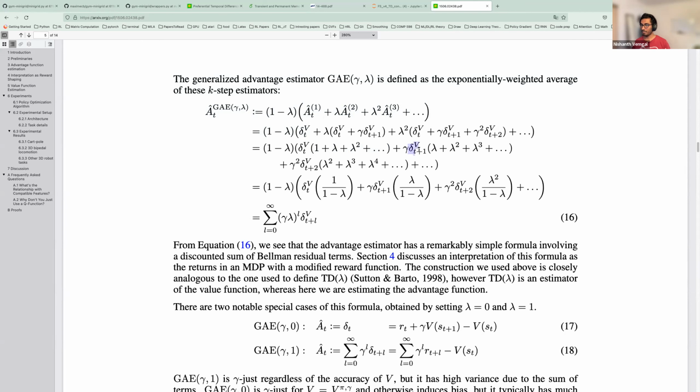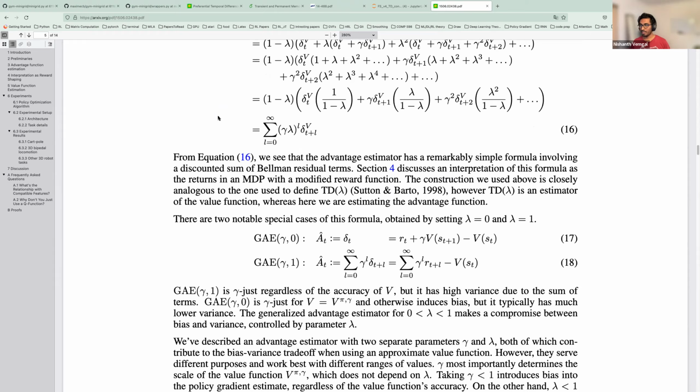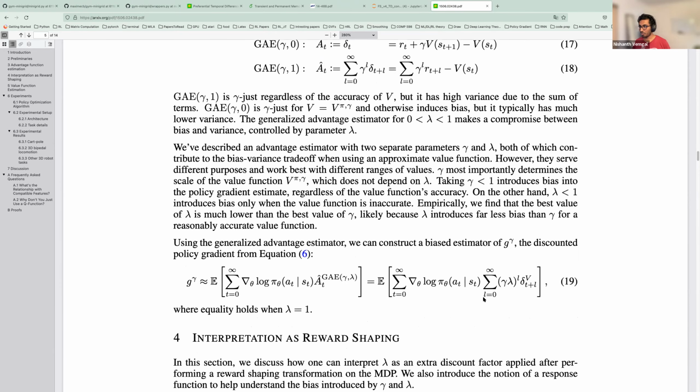We have the second time step TD error and corresponding coefficients and so on. Upon simplifying these coefficients, we get a gamma-lambda discounted sum of TD errors. This term is what they call the generalized advantage estimate, and in place of psi, that's what they use.